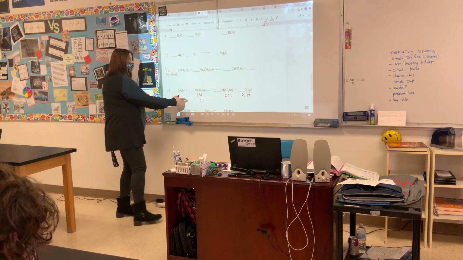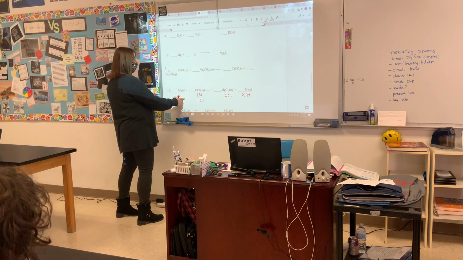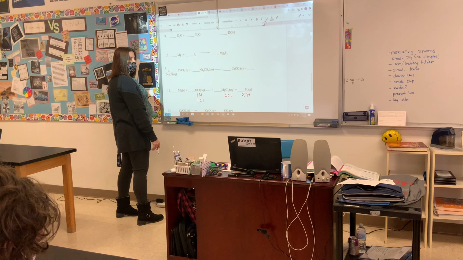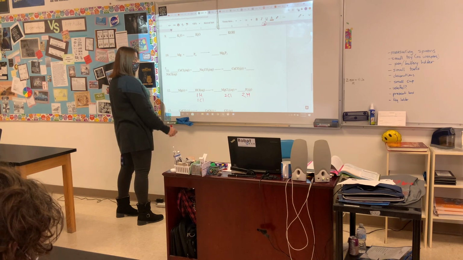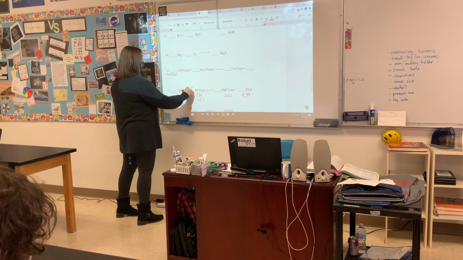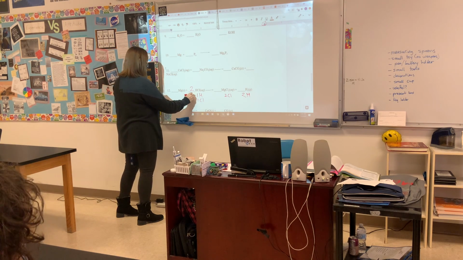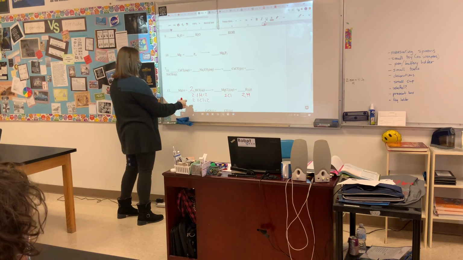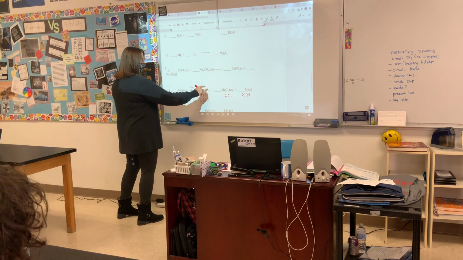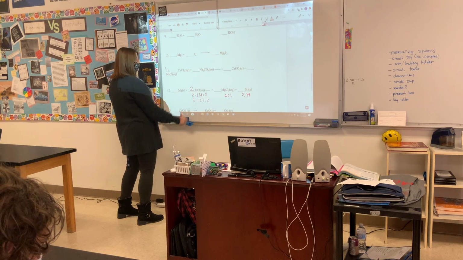How can I get 2 H and 2 Cl on my reactant side? If I multiply that by 2, that means now I have 2 and 2. So hydrogen, check. Chlorine, check.